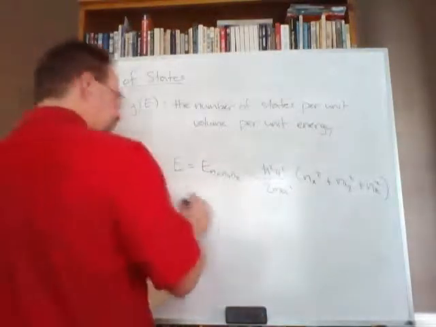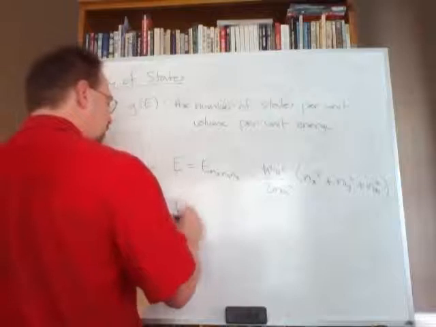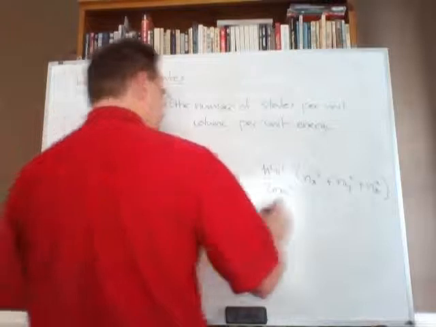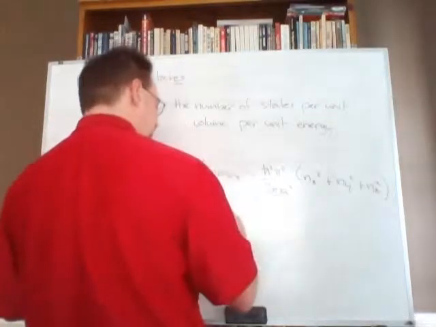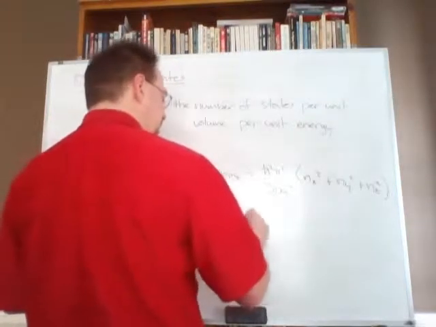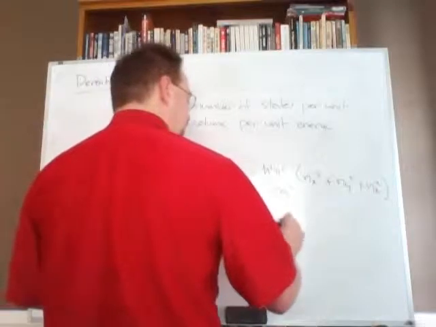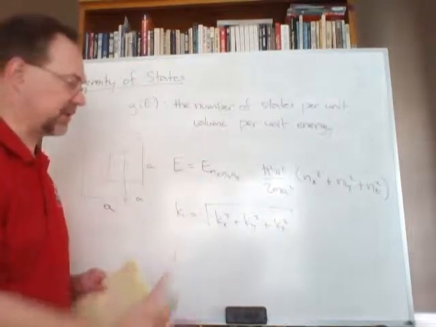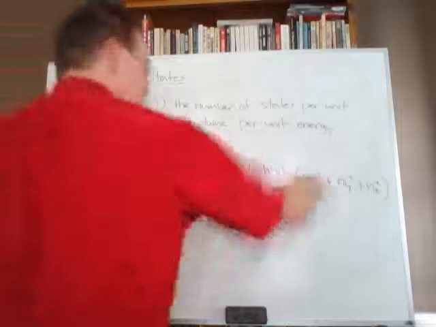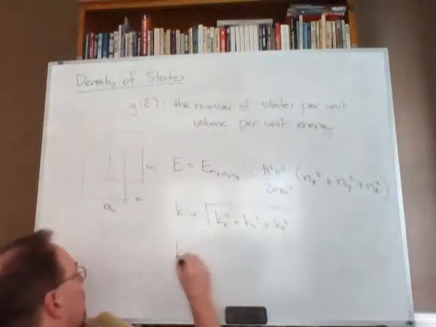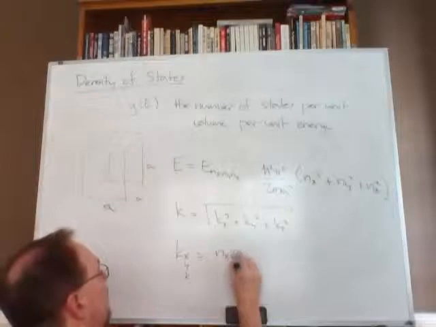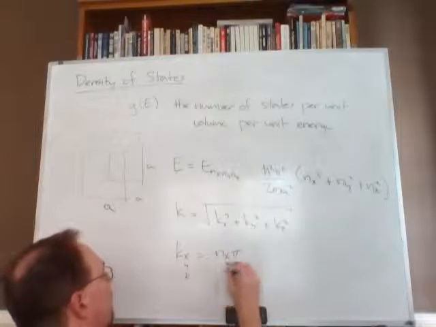Moreover, we know that the wave number k is the square root of kx squared plus ky squared plus kz squared. You get this from the separation of variables technique as you're solving Schrodinger's equation. And kx, ky, kz are n sub x pi over a, n sub y pi over a, n sub z pi over a.